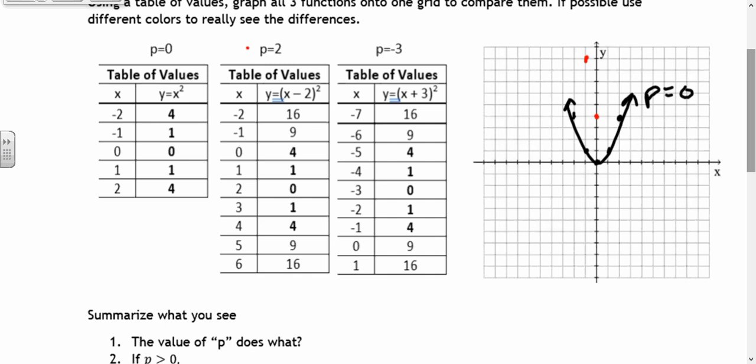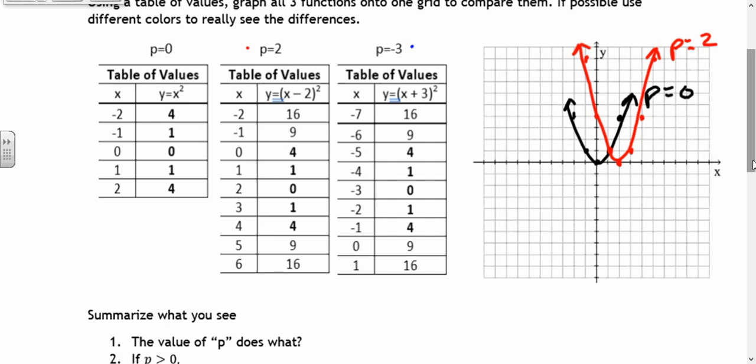So then 1, 1 should be right here. 2, 0 right here. 3, 1. 4, 4, and 5, 9. Here we go. I see what I was doing. P is equal to 2. So we can see that these points shifted somehow enough to confuse me partway through, but that's fine.